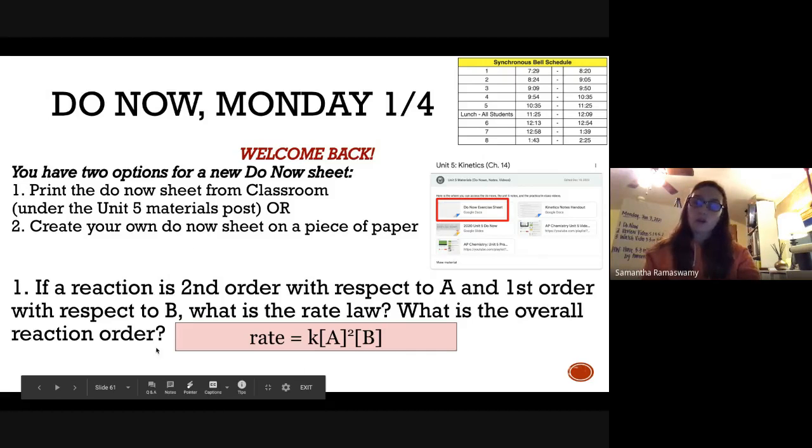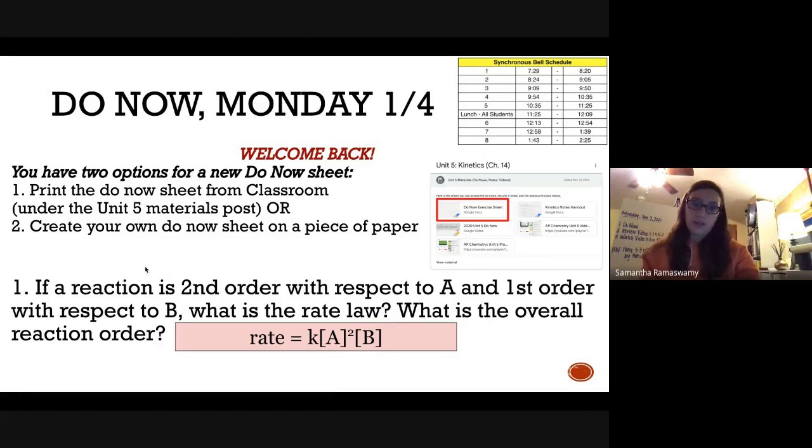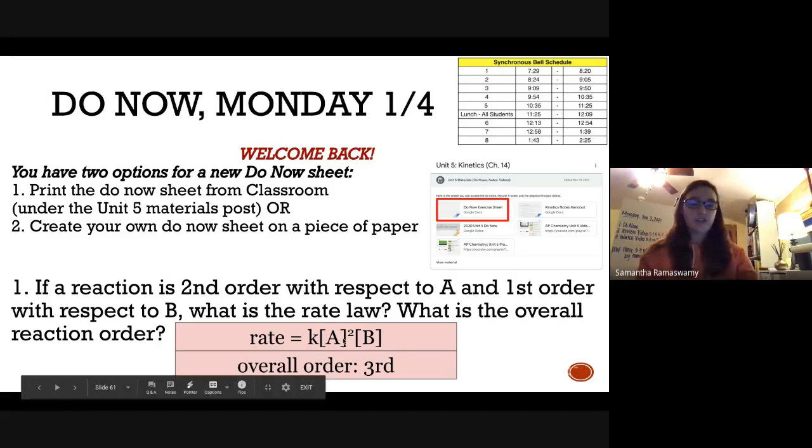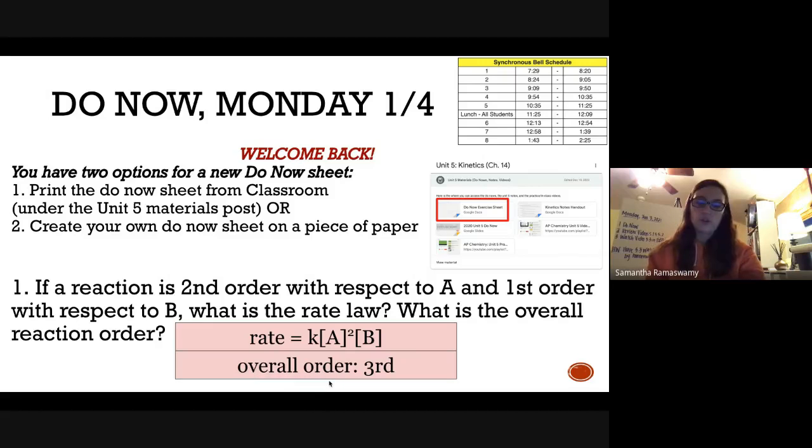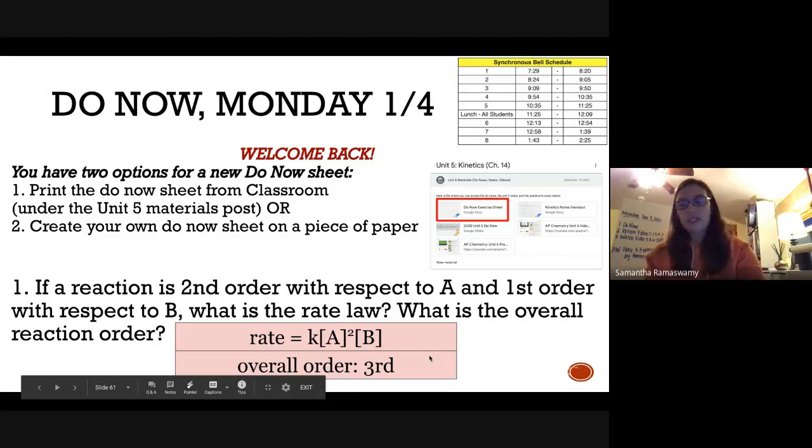Then the overall reaction order is just each of the individual reactants' orders added up. So if it's second order with respect to A, first order with respect to B, 2 plus 1 is 3. So your rate law, rate equals k times the concentration of A squared times the concentration of B, and the overall reaction order is third, right? Or we would say it's third order overall.